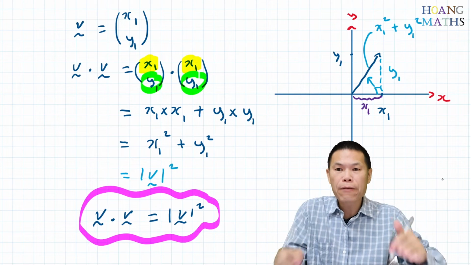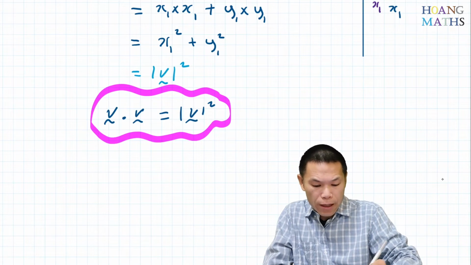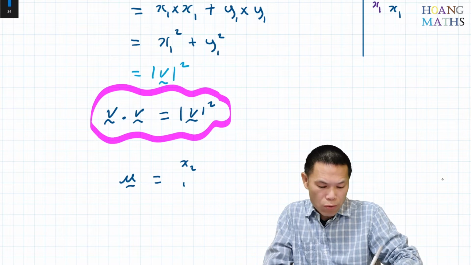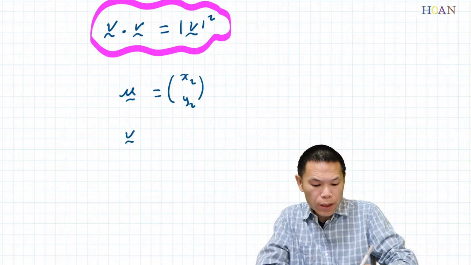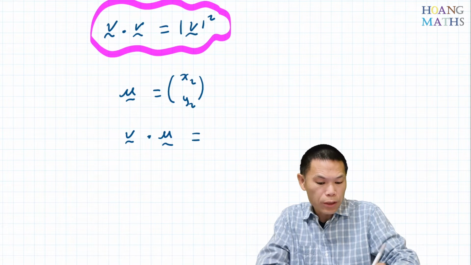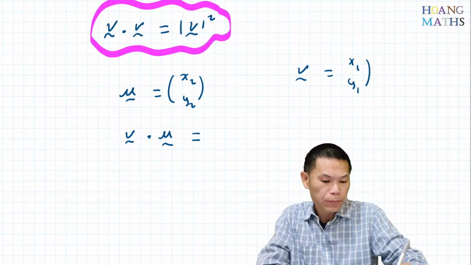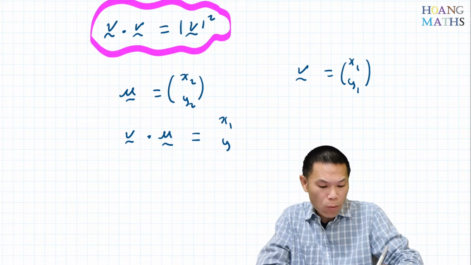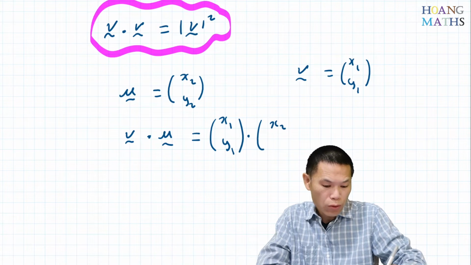So let's say we have another vector, vector u, equal to x2, y2. Therefore, v dot u, where we know v is equal to x1, y1, is x1, y1 dot x2, y2.